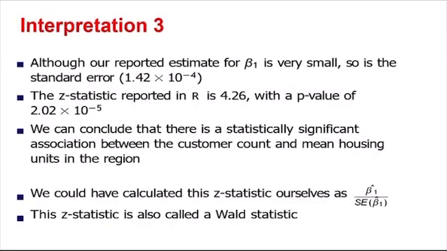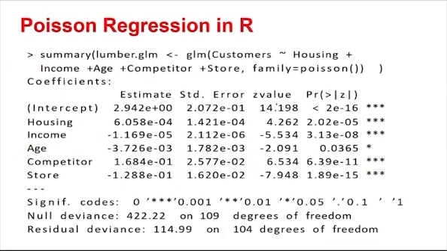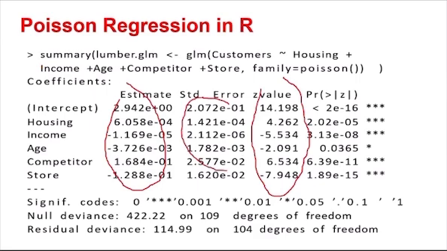And you know what? Whether a t-test or a z-test, it is still the same formula. It is still the estimate divided by the standard error. Let's come here now. How do we get the z value here? It is the estimate here divided by the standard error.